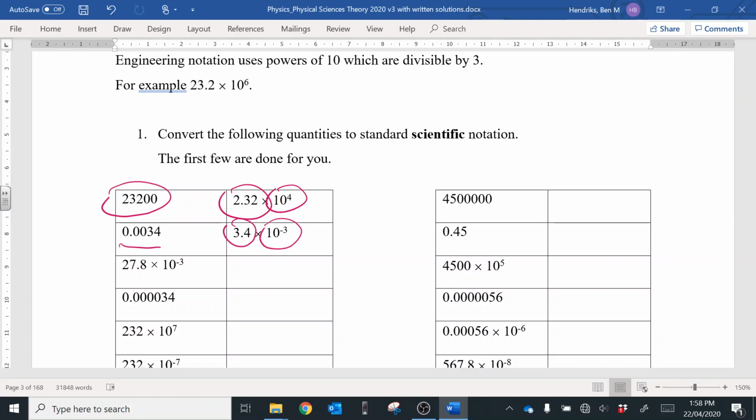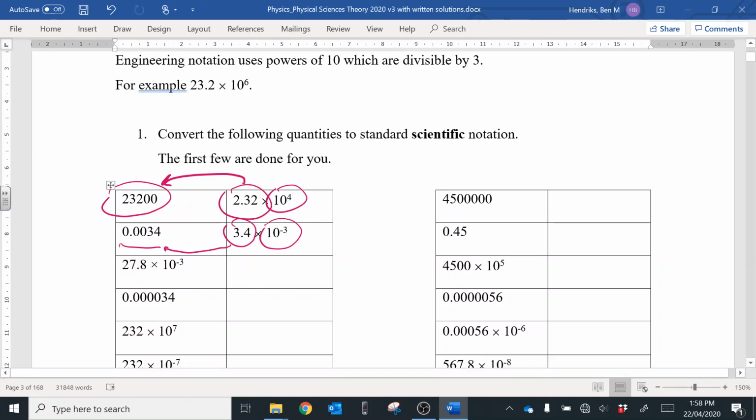If we've got a small number like 2.32 that needs to go to a big number, then we need a positive indice up here, so times 10 to the 4. And in this case we have 3.4, which is a larger number than 0.0034, so we had to divide to go back to the original, and that's expressed by times 10 to the power of a negative number.